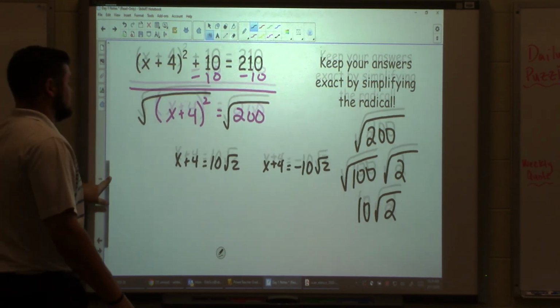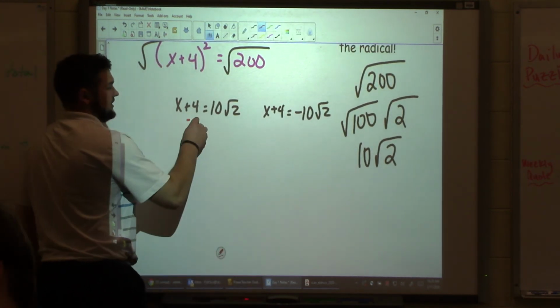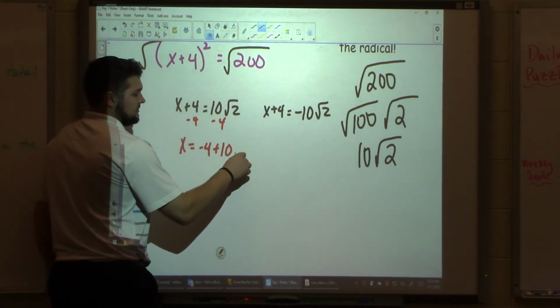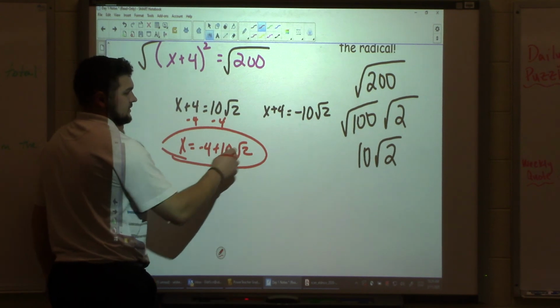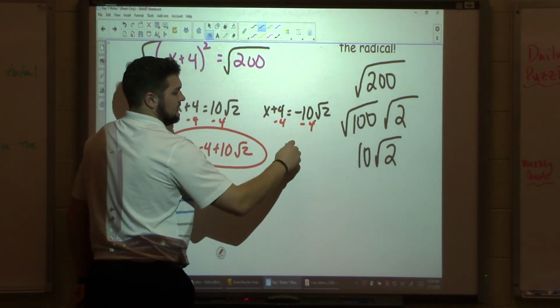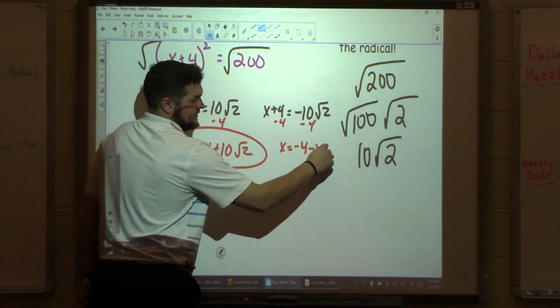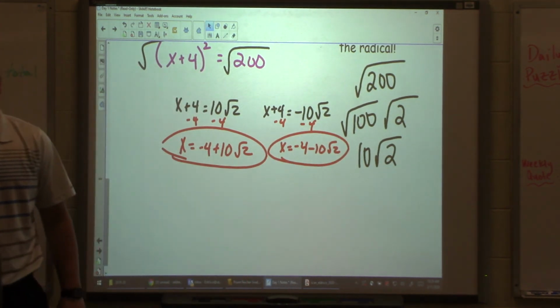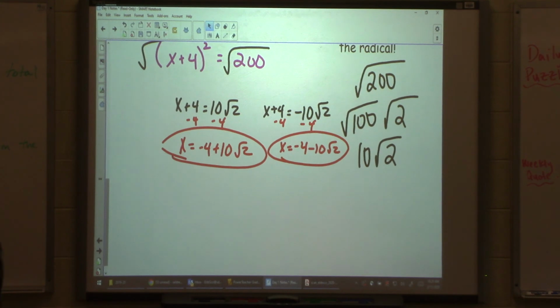Last thing you need to do here: minus 4. X equals negative 4 plus 10 root 2, and x equals negative 4 minus 10 root 2. You absolutely cannot do negative 4 plus 10 or negative 4 minus 10.